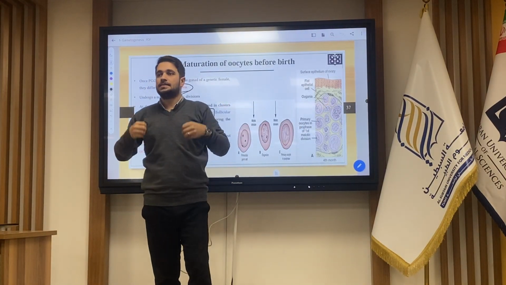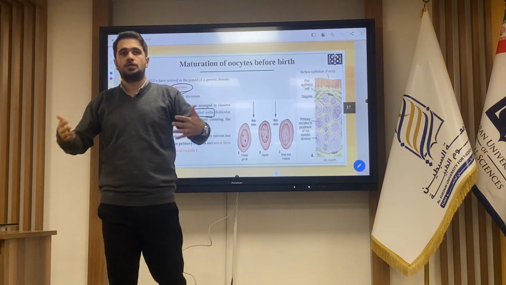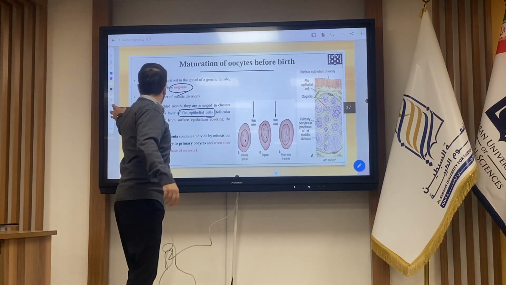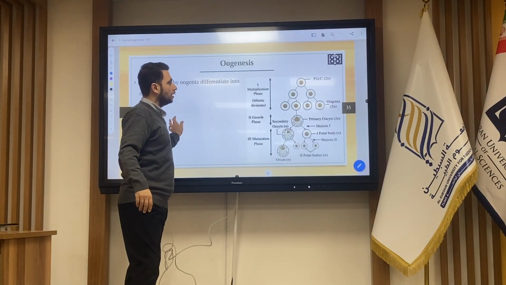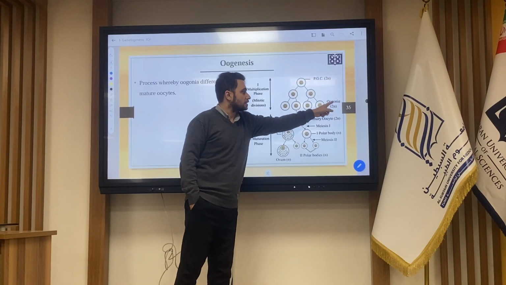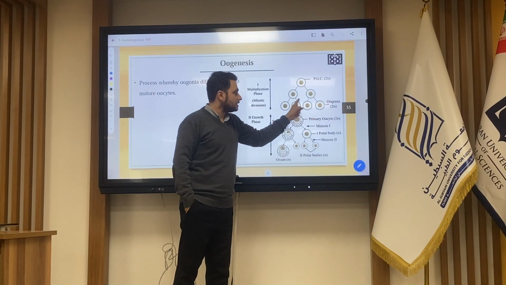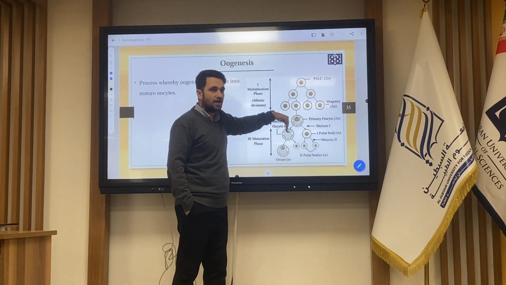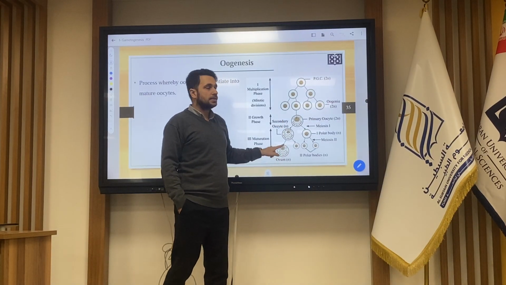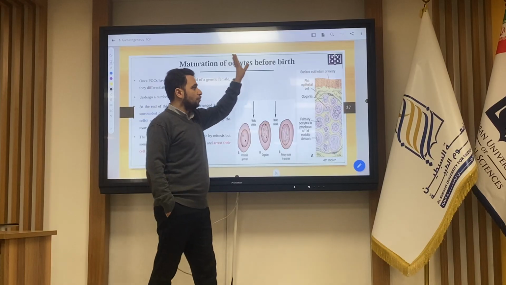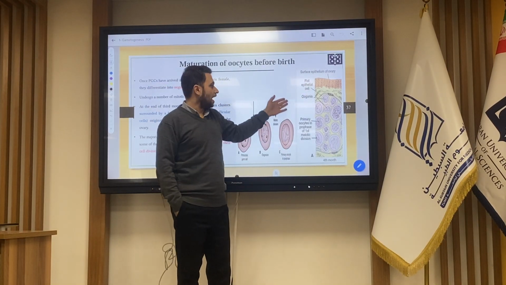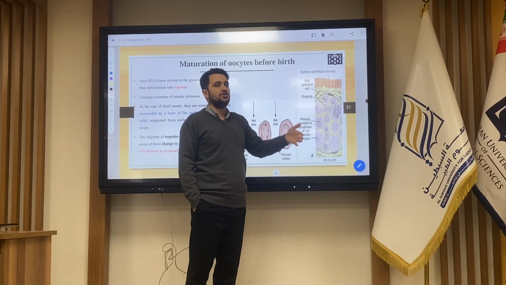This oogonia is starting to grow and divide to make what? This primordial germ cell makes this oogonia, and this oogonia is starting to divide, and at the end we have ovum. So the primordial germ cell goes to the gonads, and after that starts mitotic divisions.